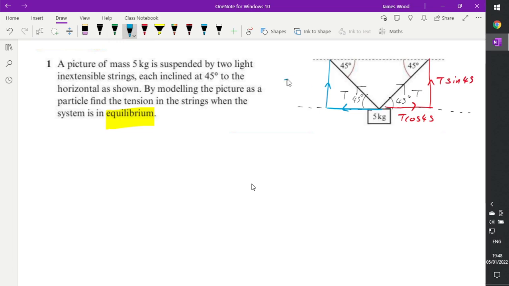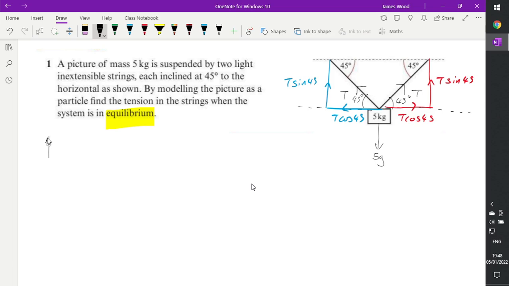On the other side, it's the same thing. So we've got t sine 45 and t cos 45. Other forces that might be on this diagram that we haven't put on there yet is the weight. So this weight here of 5 kilograms, there's obviously a vertical force of 5g.